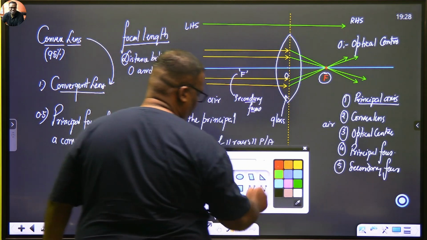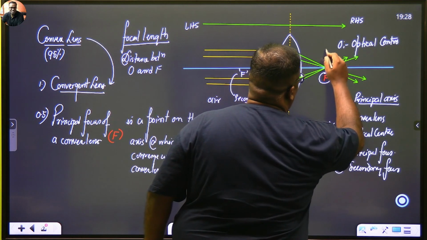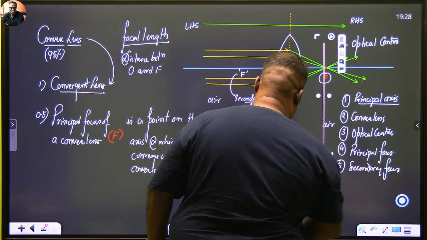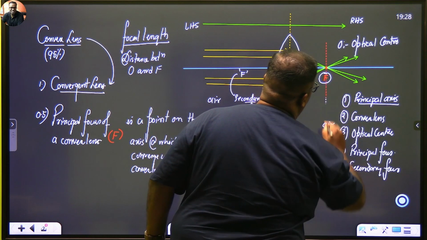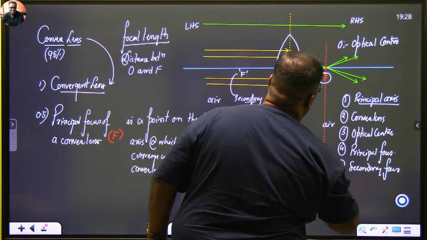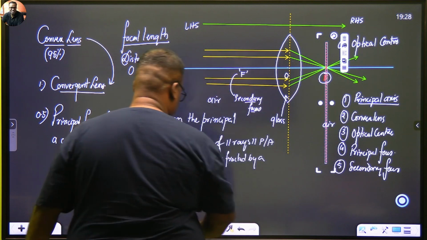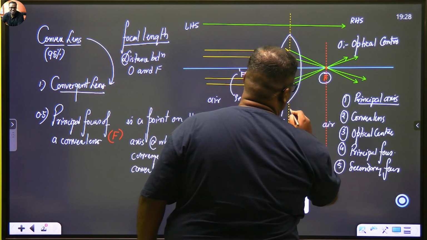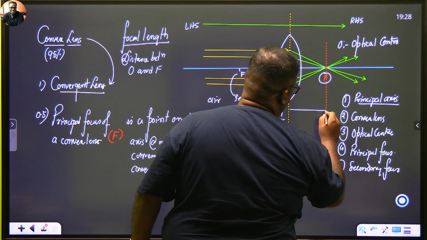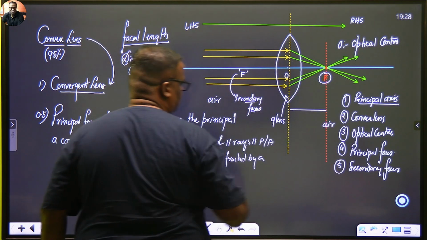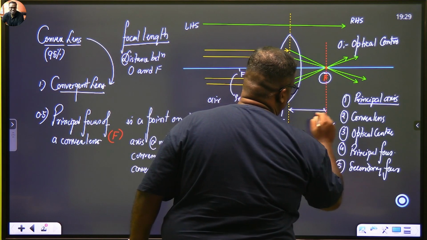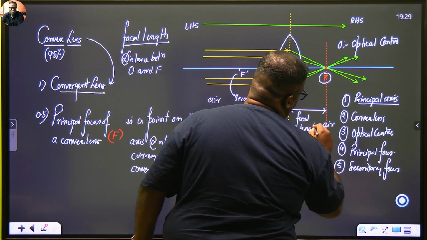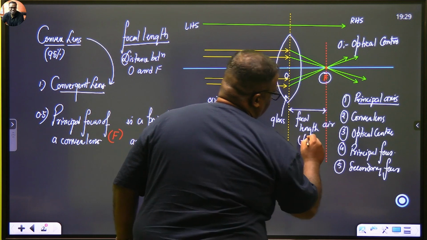So what is your focal length? My focal length will be denoted by F.